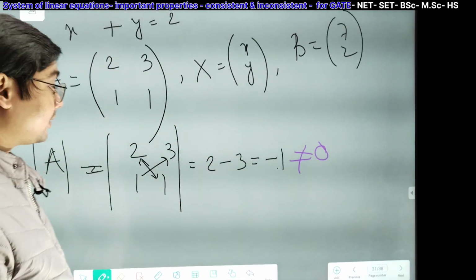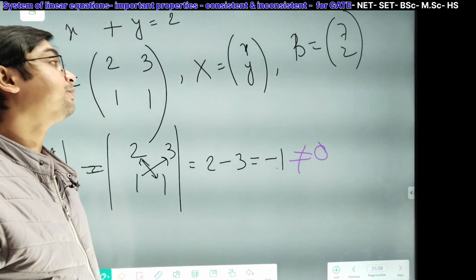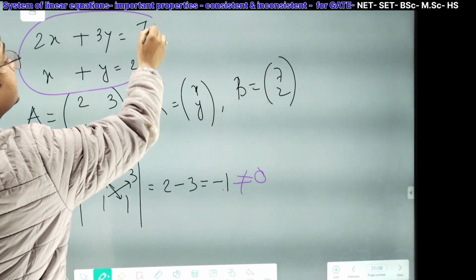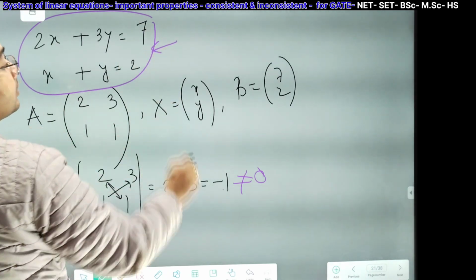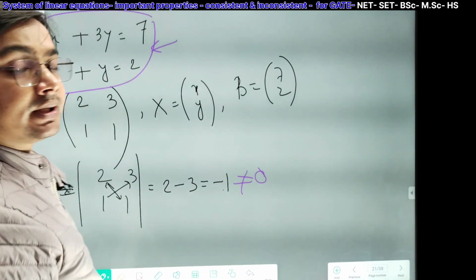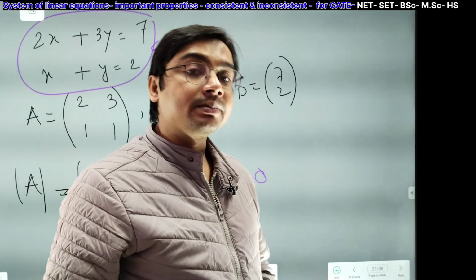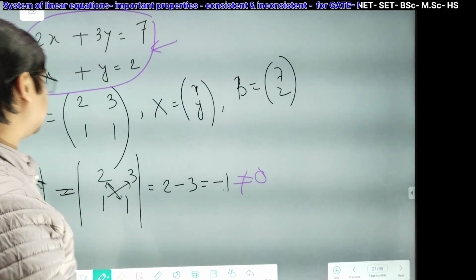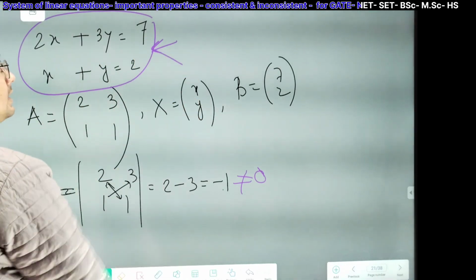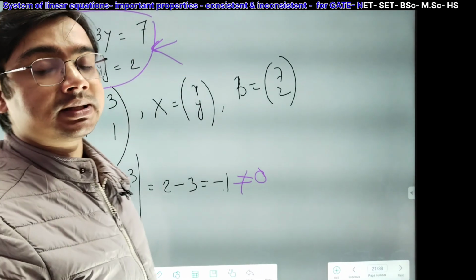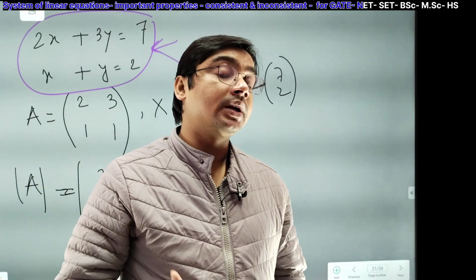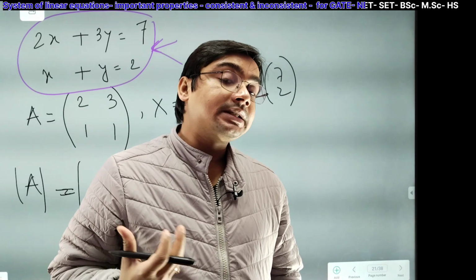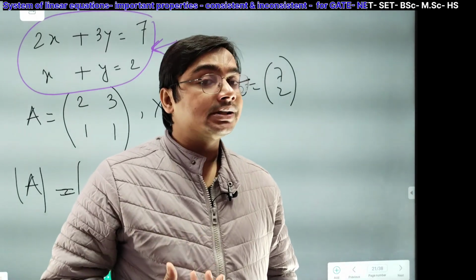And since this determinant is not equal to 0, this system will be consistent, and if you solve this system, then you will get only one solution. That means the solution will be unique here. So this way we can easily verify whether the given system is consistent, or how many solutions will exist for this system, or whether the system is inconsistent.